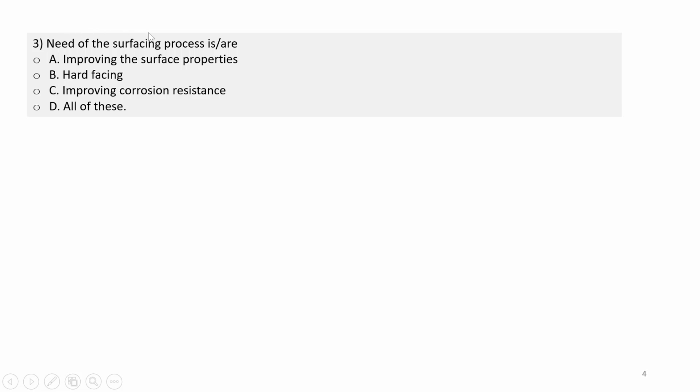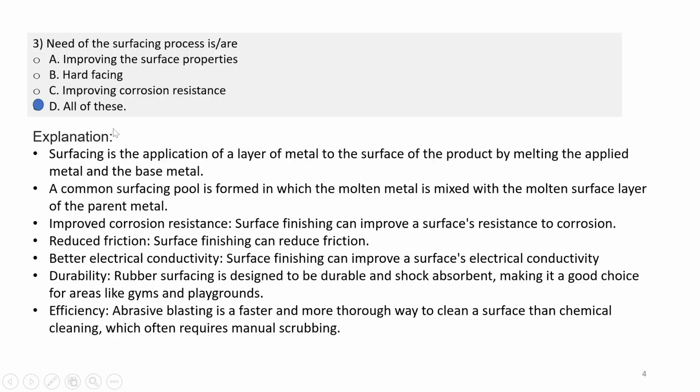Need of the surfacing process is or are, your options are improving the surface properties, hard facing, improving corrosion resistance, or all of these. So the answer will be all of these. Surfacing is the application of a layer of metal to the surface of the product by melting the applied metal and the base metal.